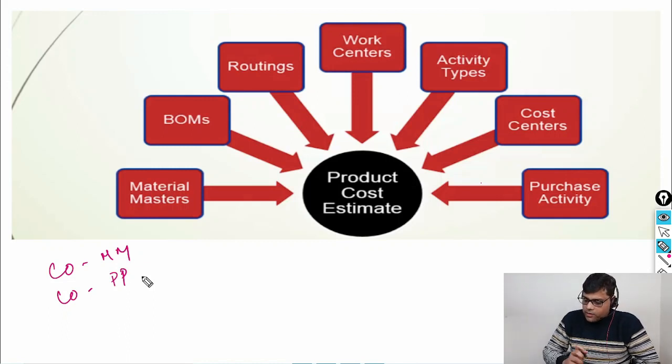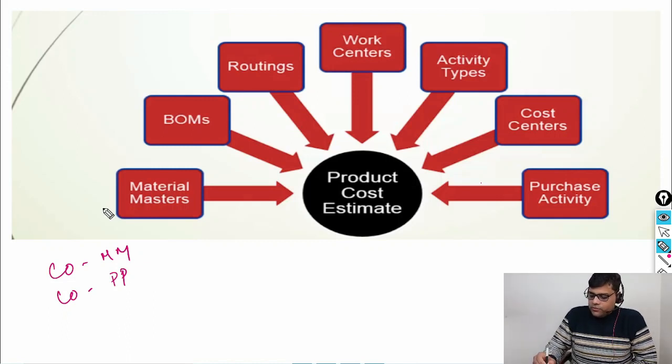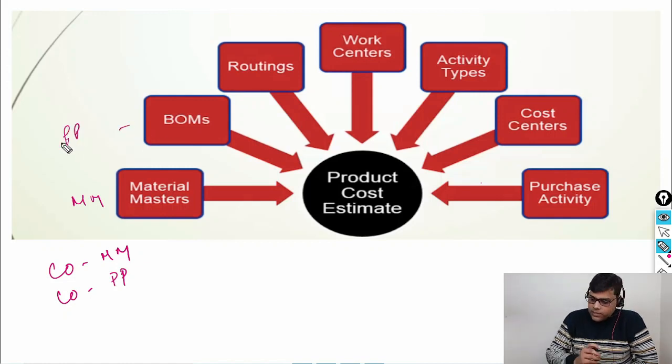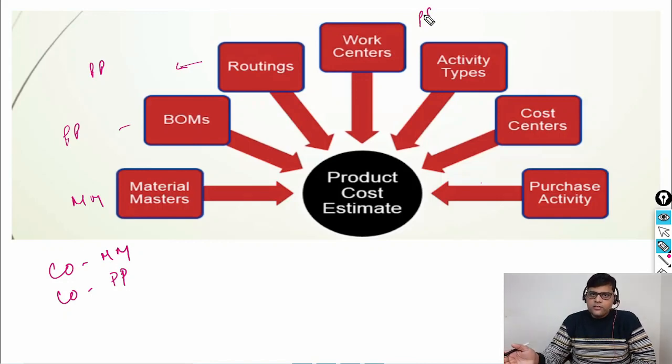That's why here you can see the different components. This is my MM module, the procurement module, because the material master will be required. Bill of material, that is part of your PP module. Then routing to define your operation, that is also again PP module. Work centers, part of PP module. So we have cost centers and we have the work center. The cost center will be part of our controlling module, whereas the work center is part of our PP module.